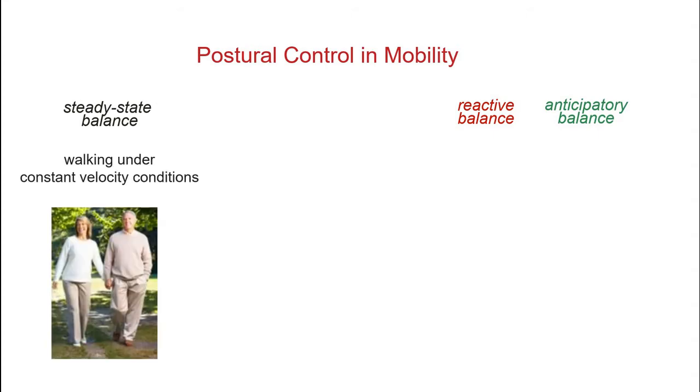When we consider the postural control requirements for mobility, we can draw upon the concepts that we've already studied when looking at standing balance. In the context of mobility, an example of steady-state balance is seen in the task of walking at a constant speed, walking under constant velocity conditions.